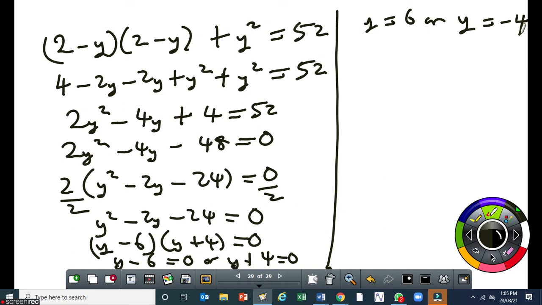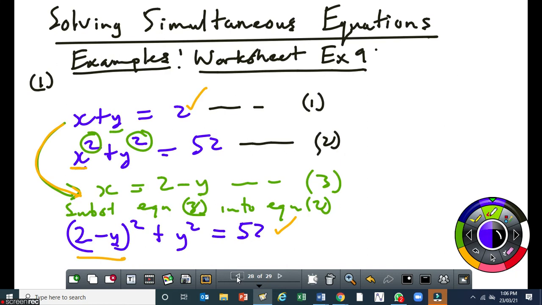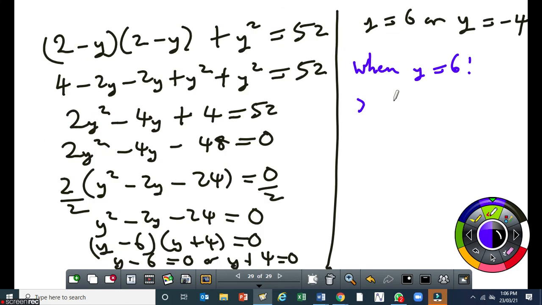So I now need to find the two values of x. So I'll say when y is equal to 6, I'll go back to my substitution. My substitution is this one here. So x is equal to 2 minus y. Therefore, 2 minus 6, and that will give me minus 4.